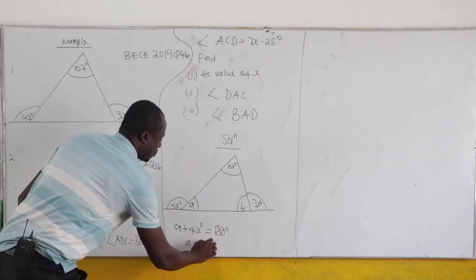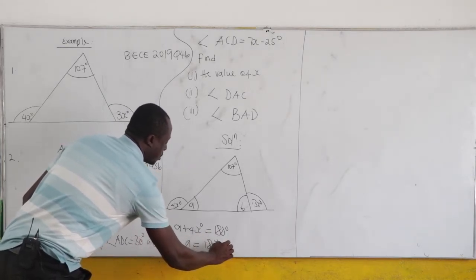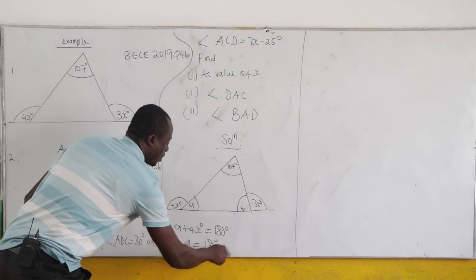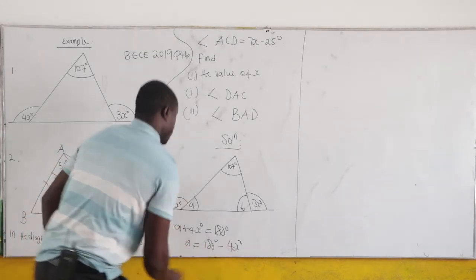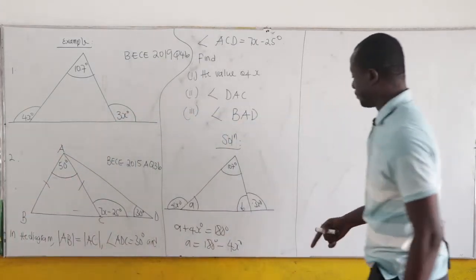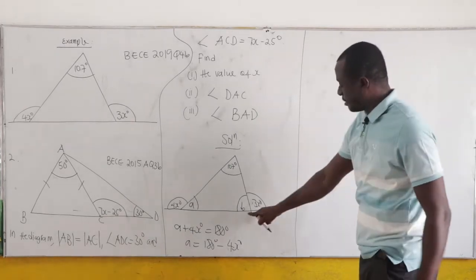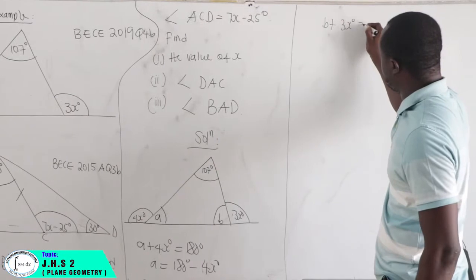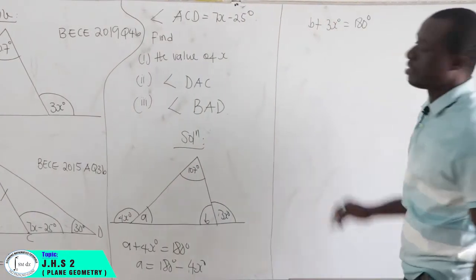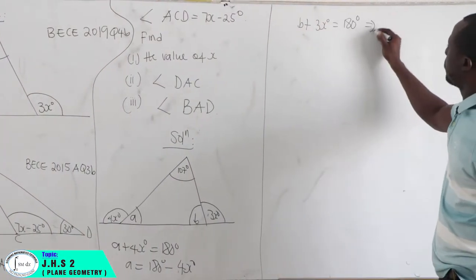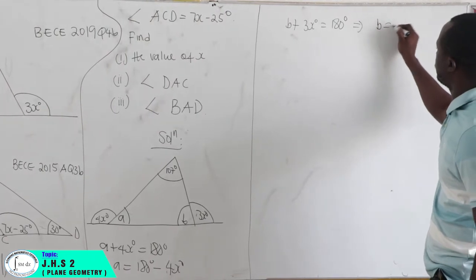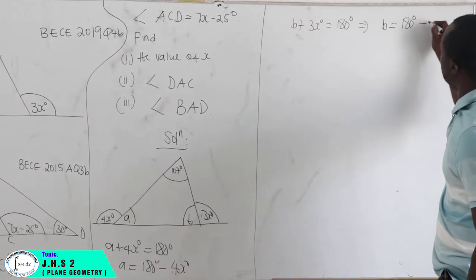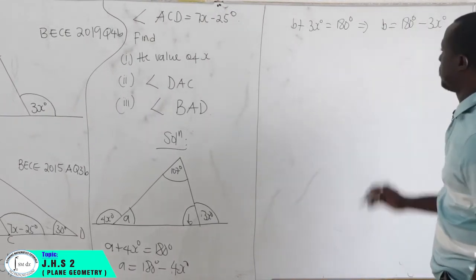Clearly our A is 180 degrees minus 4x degrees. Similarly on this side, B plus 3x degrees equals 180 degrees, and this implies that B is equal to 180 degrees minus 3x degrees.